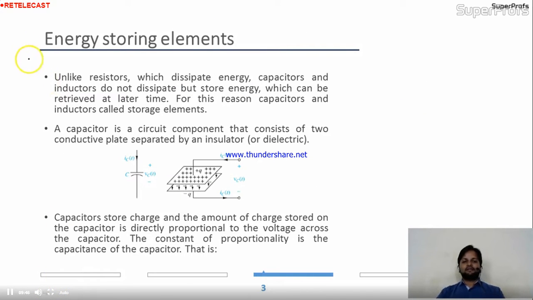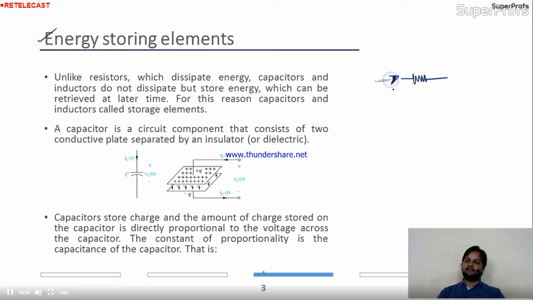Come to the transient. The concept of this whole transient analysis depends on the energy storing element. So let's first understand what these two elements are. See, unlike resistors which dissipate energy, as I told you, a resistor consumes the energy.